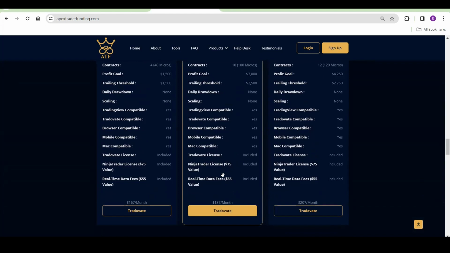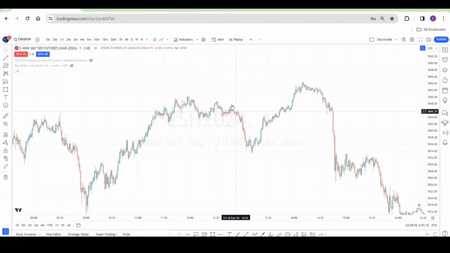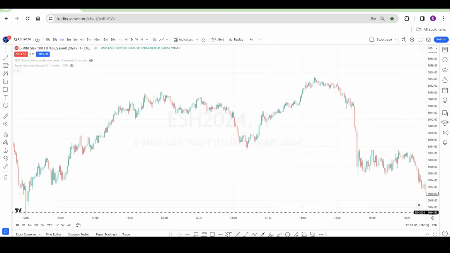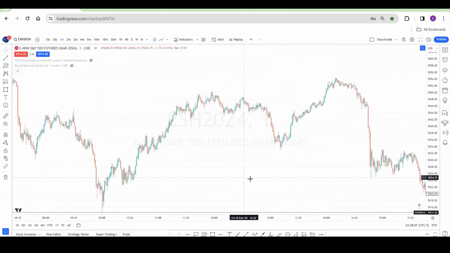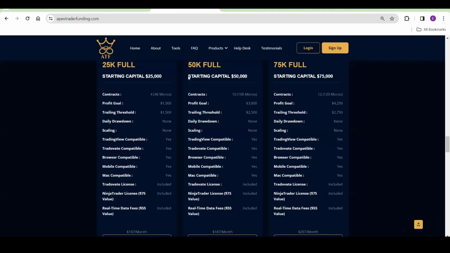In Tradovate, you can connect the platform with TradingView. Whatever we are learning here, it's easy for me because every tool is in front of me as compared to Ninja. In Ninja, you need to go into the tabs and then plot; it might be easy for some other people, but for me TradingView is easy.